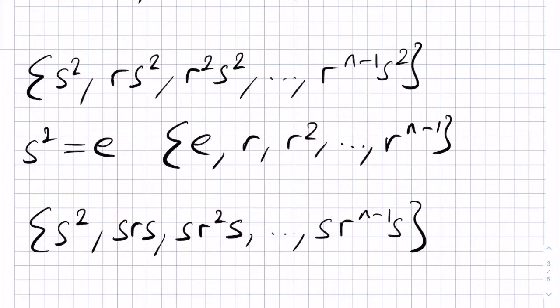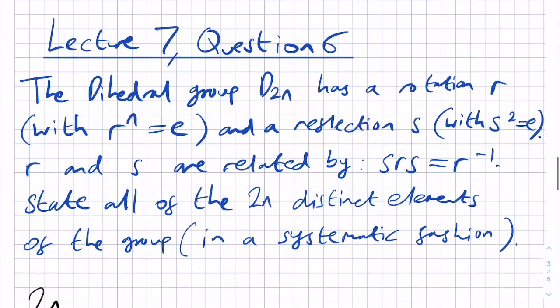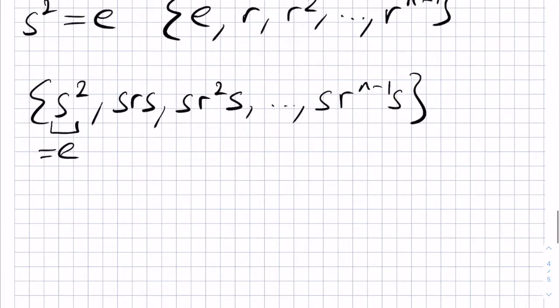The first term gets immediately simplified by s squared equals e. The second term is interesting. We've been told that the rotation r and the reflection s are related by srs equals r to the minus 1. And so this element here is r inverse.